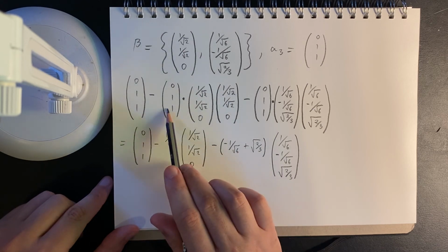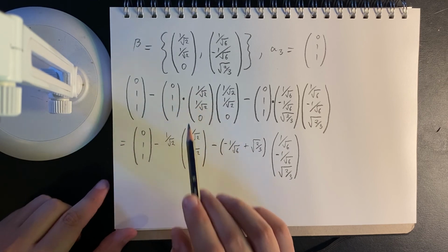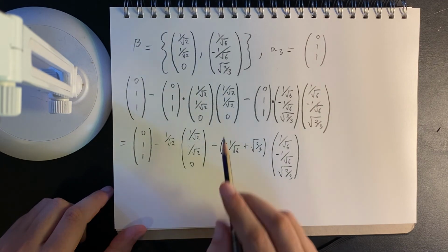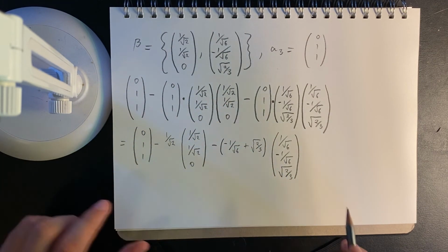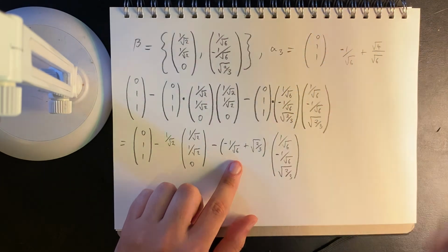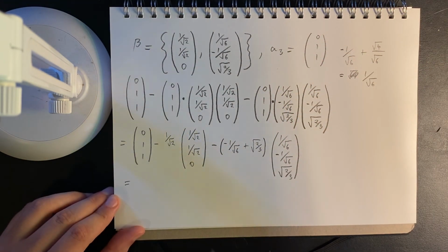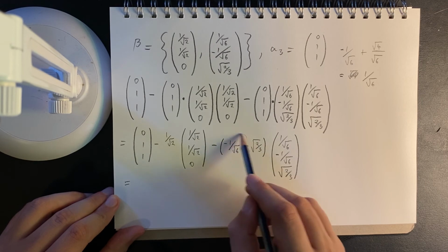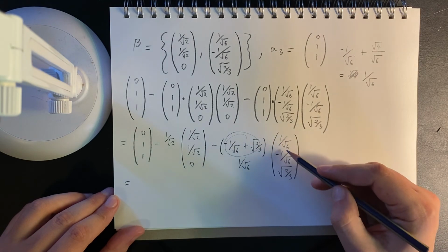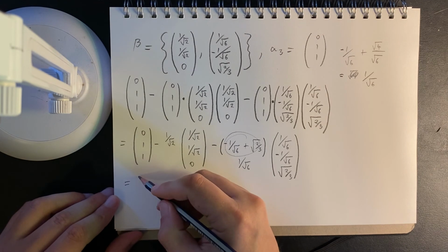As you can see, the dot product is indicating what proportion of the vector is parallel with the basis vector, and then we're removing that proportion. So this turns out to be 1 on root 6, and that's good because as we multiply that in here, these numbers are going to simplify.